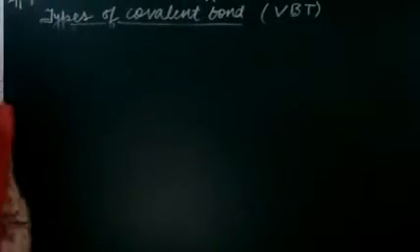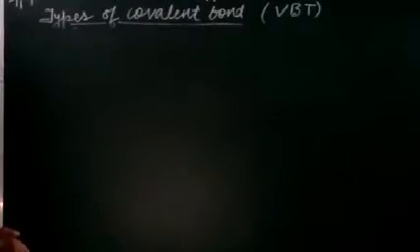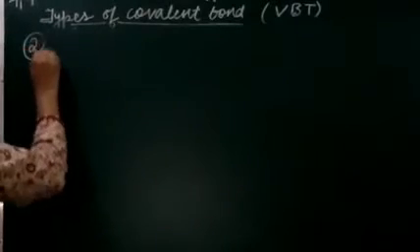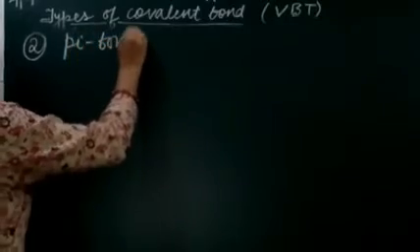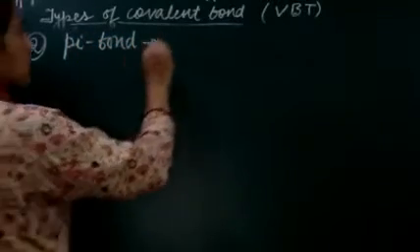Whenever two atomic orbitals undergo lateral overlap, or sideways overlap, perpendicular to the internuclear axis, a pi bond is formed. So the second type is the pi bond.